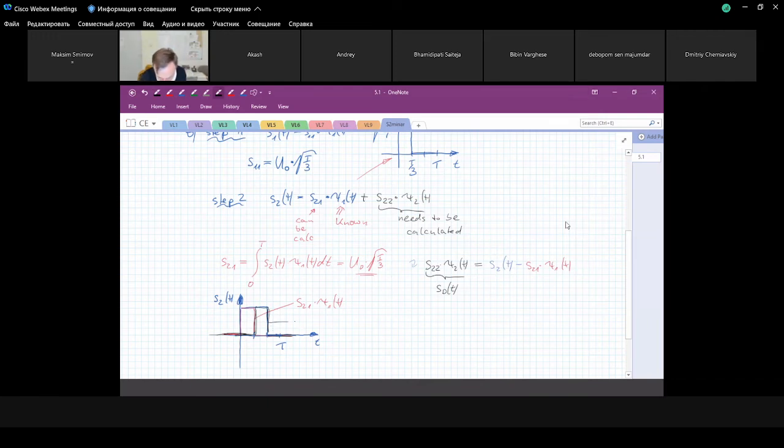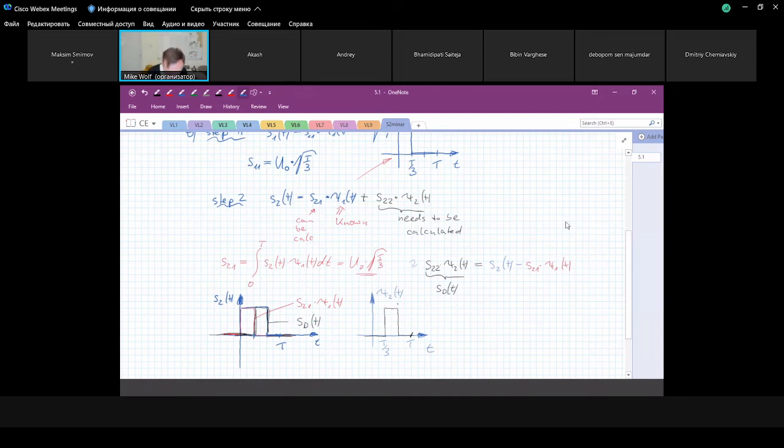This black one is SD of t. And the shape of this signal is exactly our required second basis function. We only need to normalize this in order to ensure an energy of 1. So this is the shape, and here it's the time t, this is t by 3, and this will be our second basis function.